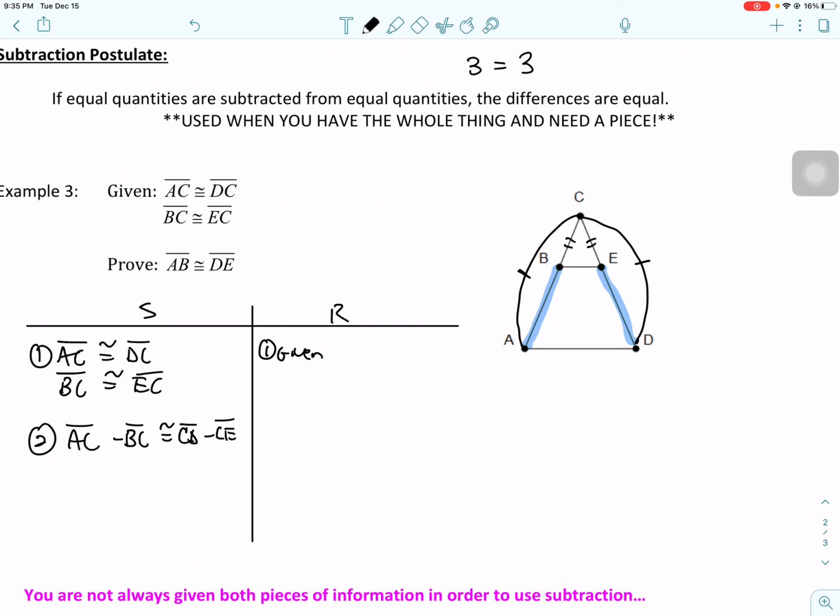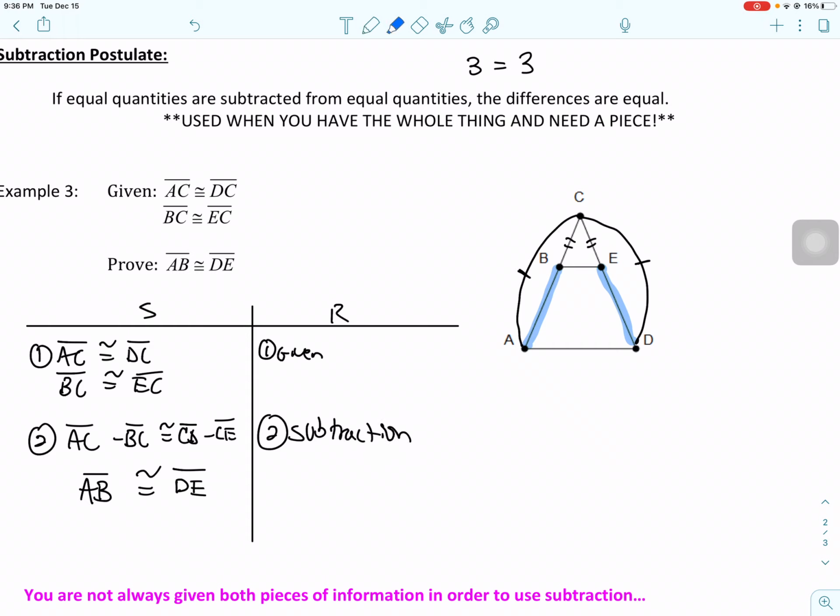Which means, what are you left with when you take the whole side AC and you cut out BC? You're left with AB. And on the other side, if you take the whole side CD and you cut out CE, you're left with, I'm going to write it as what they said, DE. And this is called subtraction.